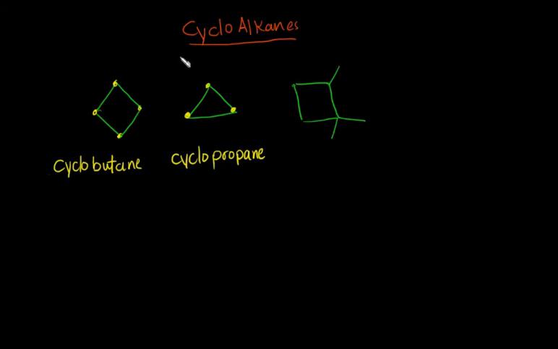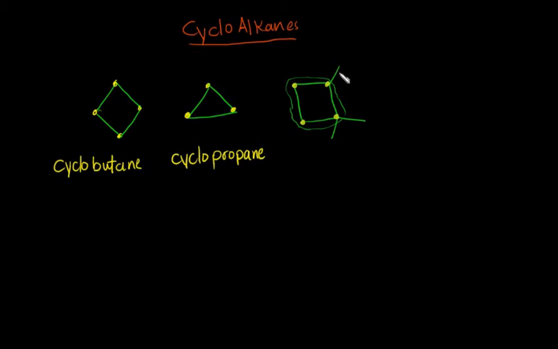This is the last one. So how many carbons do we have here? First, what we need to see is the main chain here. This is our main chain. Alright? So how many carbons do we have here? 1, 2, 3, and 4. So this should be a butane. But we have branches here.